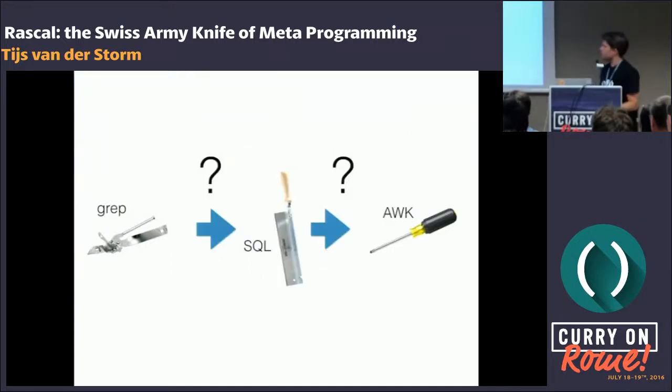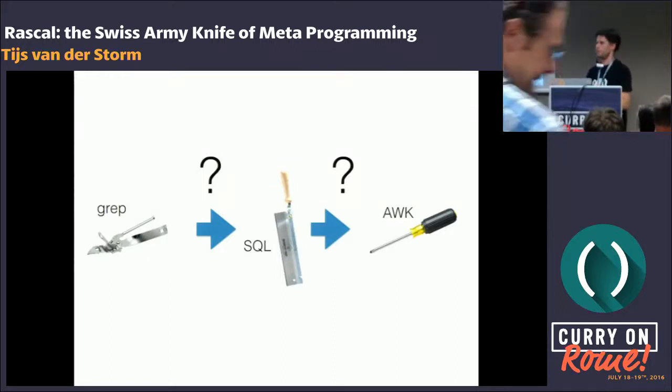To make this a little bit clearer, let's have a hypothetical, maybe even pathological example where you do some grep on some source code. You get some results of the matching regular expression. You want to import it into SQL to do some querying or joining or group by, whatever. And then you want to export that to some awk script to actually generate something else from it.